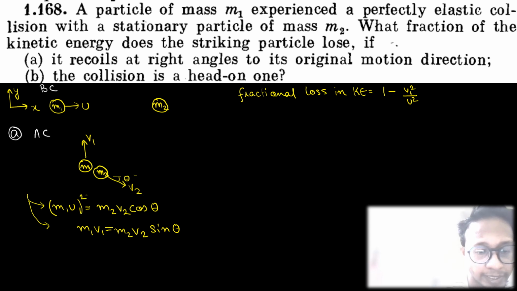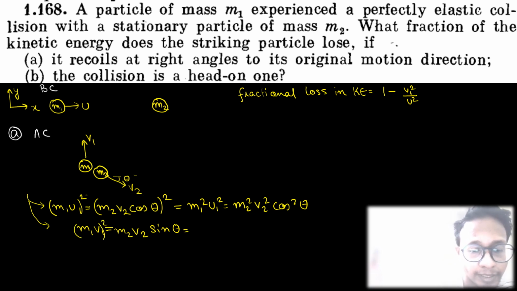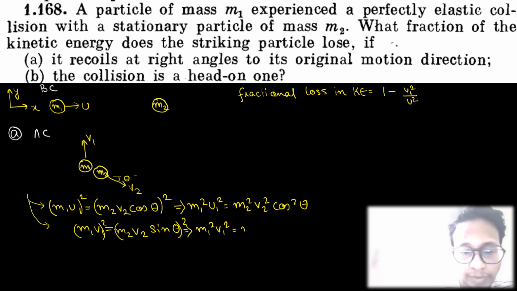Squaring the left and right hand sides of equation 1 gives m1 square u square equals m2 square v2 square cos square theta. Similarly, squaring the second gives m1 square v1 square equals m2 square v2 square sin square theta.